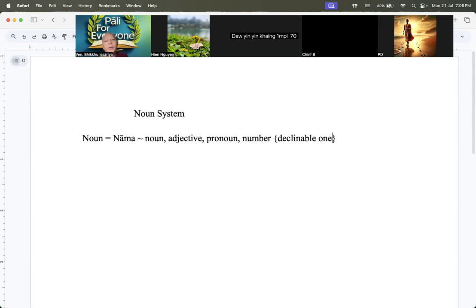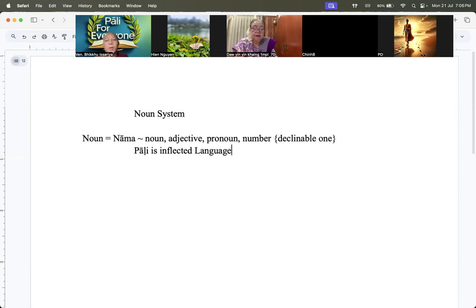Okay, that is nama. Now, Pali is an inflected language. Inflected language means that even in the verb form and the noun form, based on their case meaning, those forms can be changed.